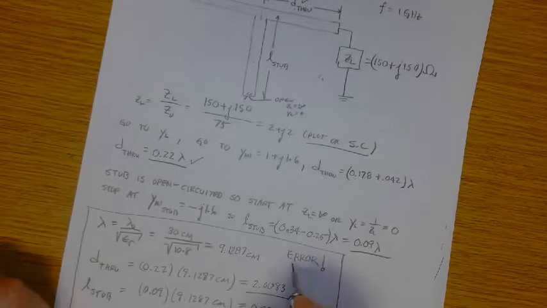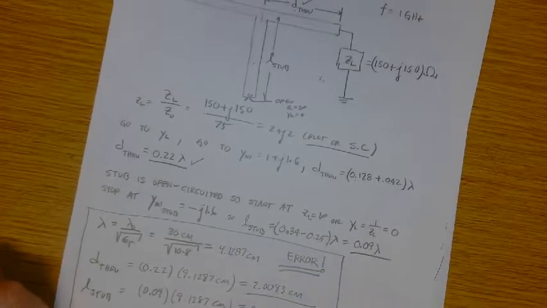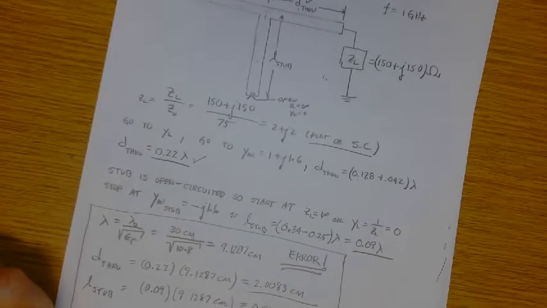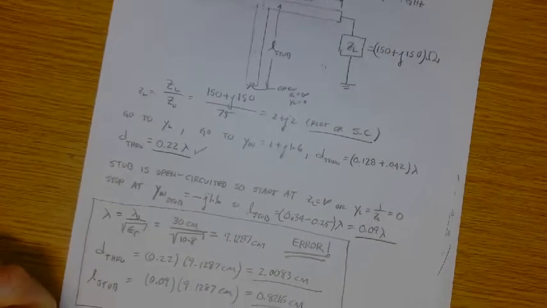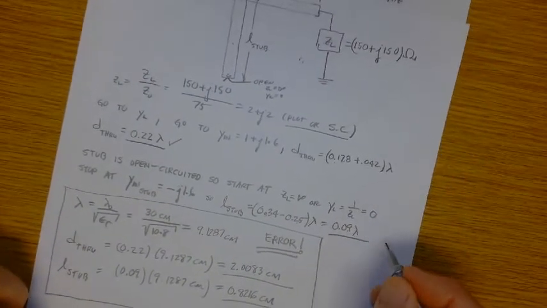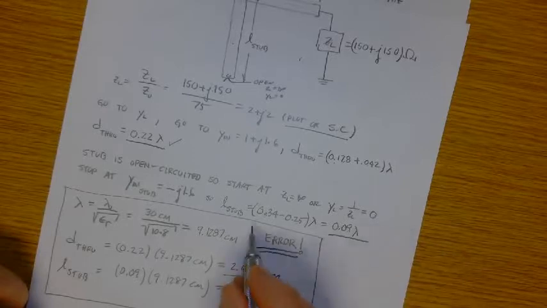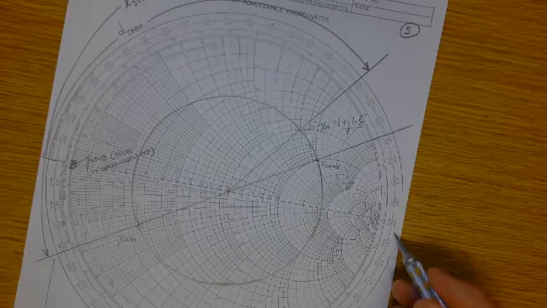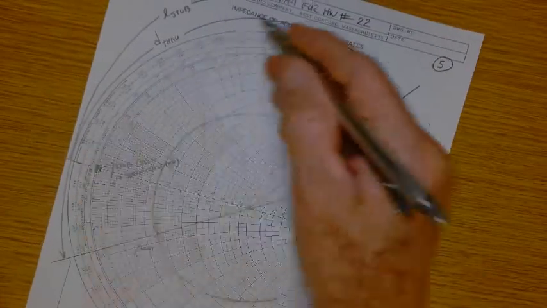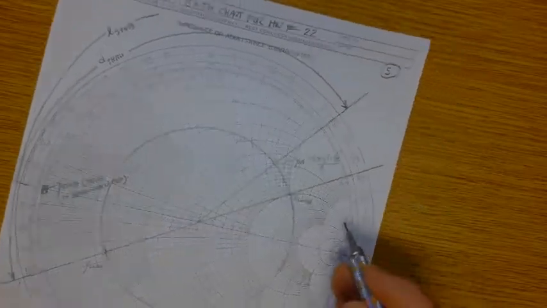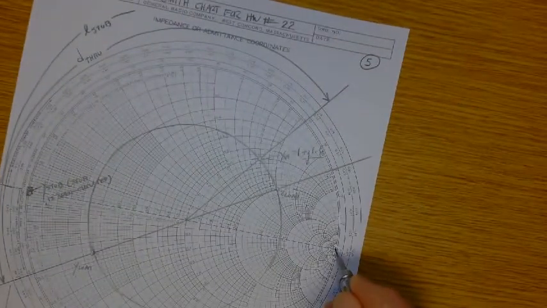Sometimes it's important to make mistakes and then figure out why those mistakes were made, and that gives you some cautionary tales, right? So that you can be a little more conscientious and avoid those mistakes, right? So I thought my stub was this long, but that's not right. It's that long plus a quarter wavelength, right? Because I had to start over here. I just got in a hurry and started from here, which was not correct.